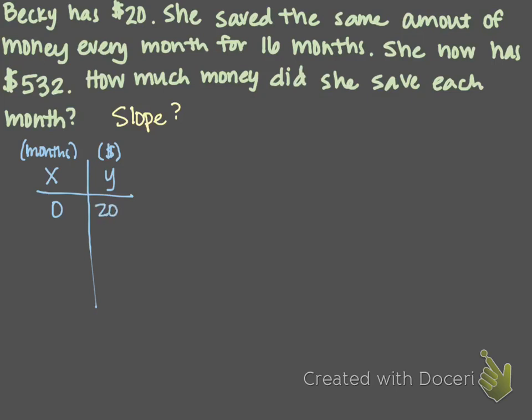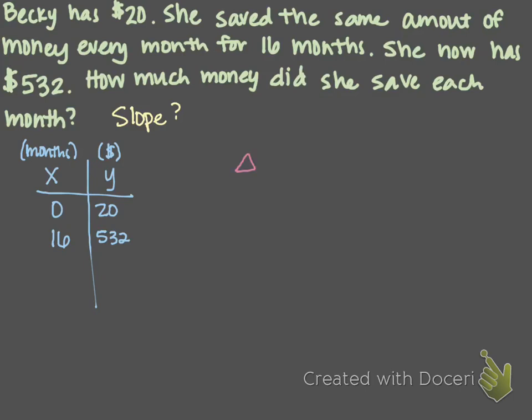Becky has $20. So we haven't passed any time yet. She started with $20. We know that. And then she saved some amount of money every month for 16 months. So now we are on month number 16. And she has $532.